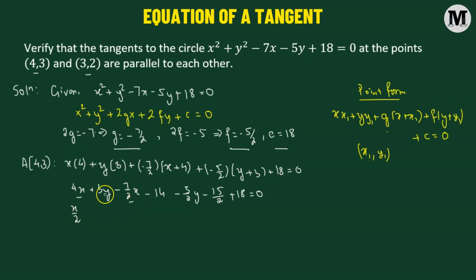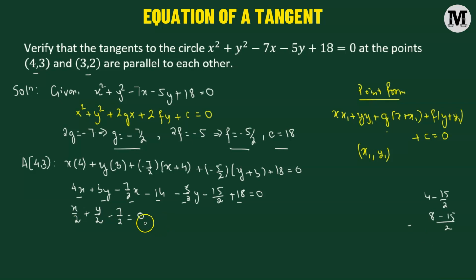Then 3y minus 5 over 2 y is positive y over 2. Now the constants: negative 14 plus 18 is positive 4, and 4 minus 15 over 2 is 8 minus 15 over 2, which is simply negative 7 over 2. This equals 0.